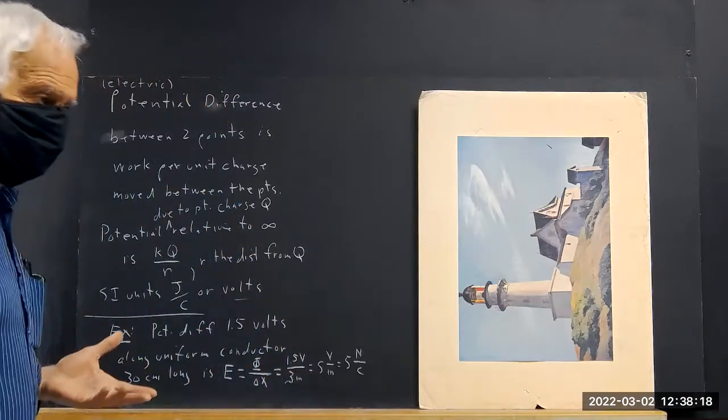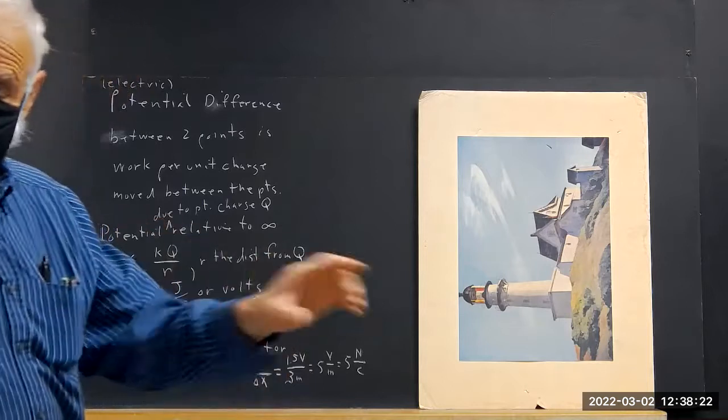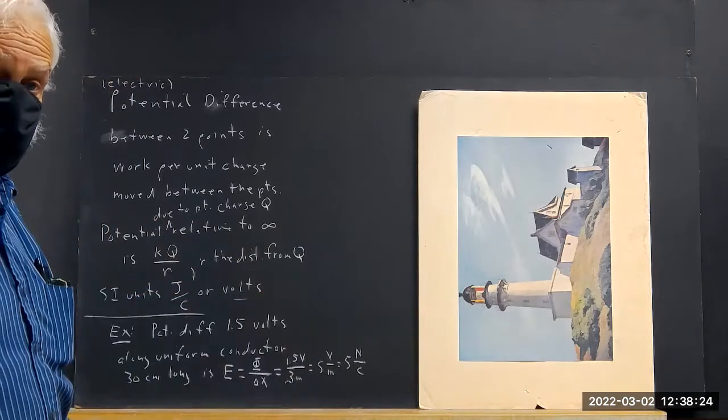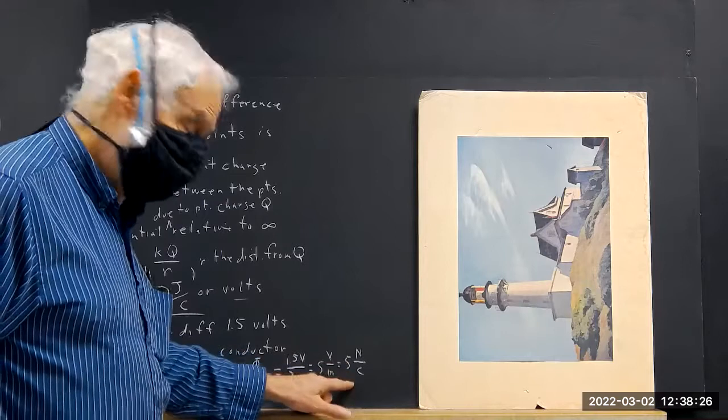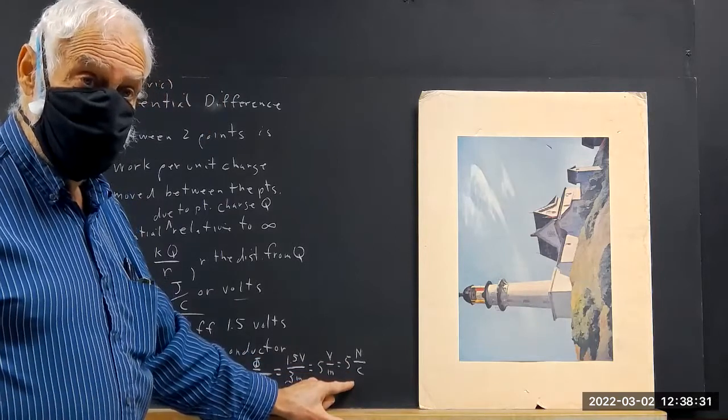It's an intuitive concept. What happens in that conductor then is that every electron, every free electron, is accelerated by a force due to this electric field, 5 newtons per coulomb.